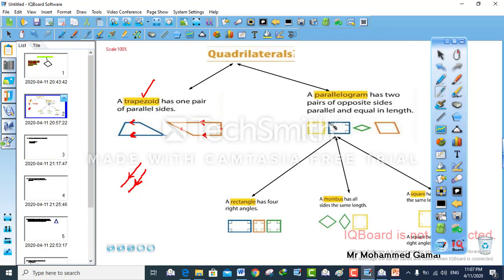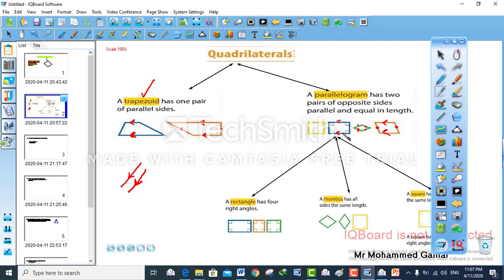Yes. Parallelogram, here we have two pairs of parallel lines. This is the first pair. This is parallel to that, and this one is also parallel to that one. So this is the first pair and this is the second pair. Here also, this one is parallel to this one and that one is parallel to that one.